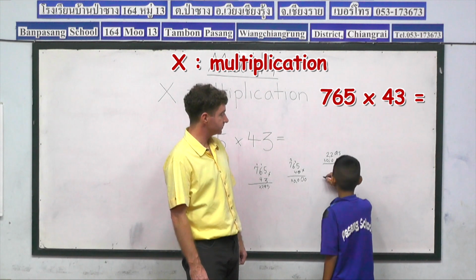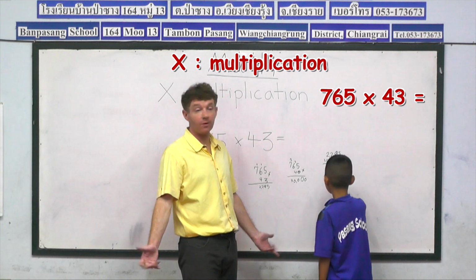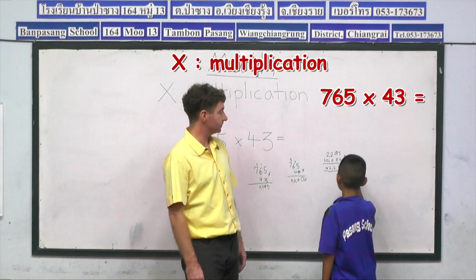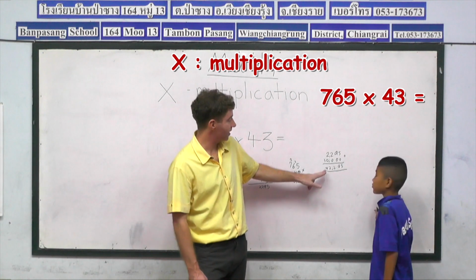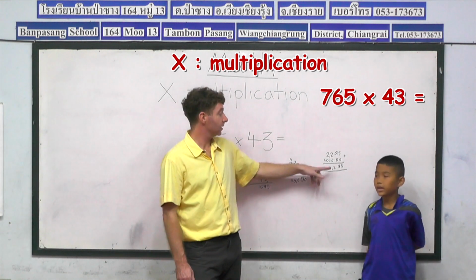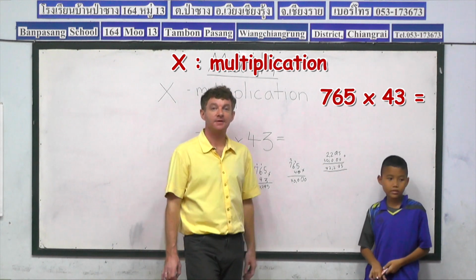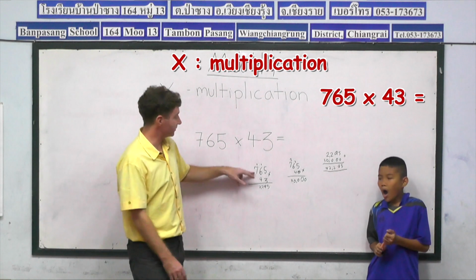Then comma, 2 plus 0 equals 2. And then 3 to have our answer. So now we have our final answer. 32,295.